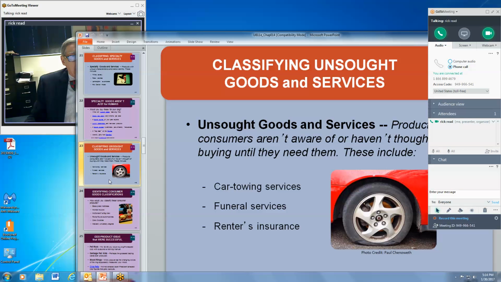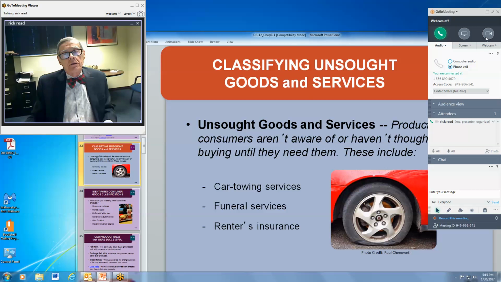I'm not going to go into this slide; the information's fine, but it's really not germane here. The last thing we talk about here is the classification of unsought goods and services. This is contracting with a funeral director. It's buying insurance.